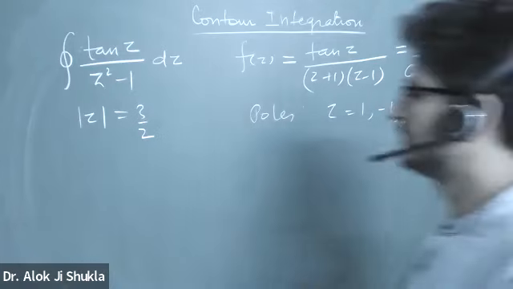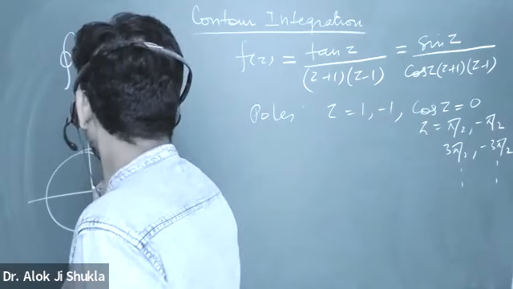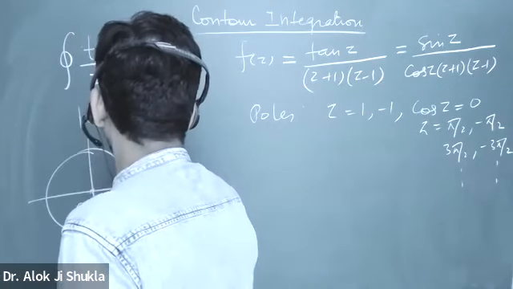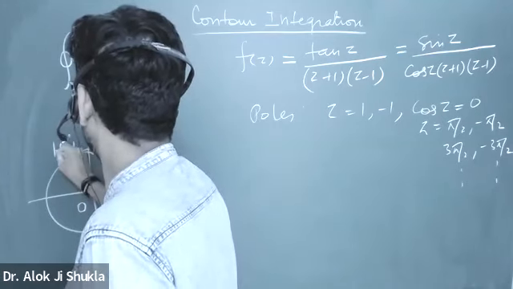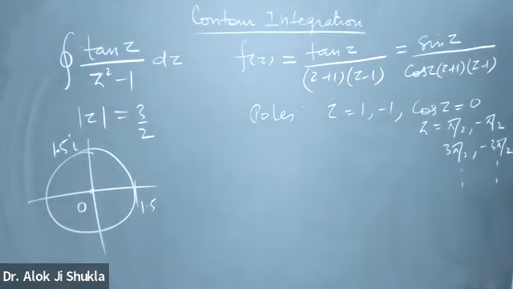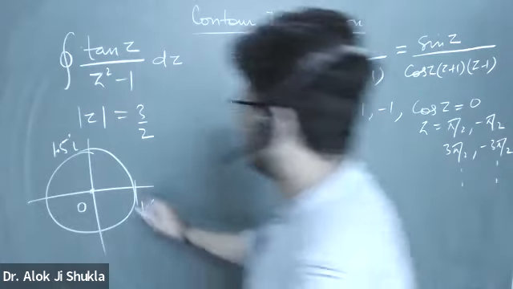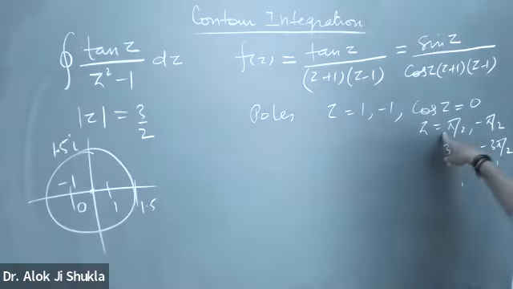And how is our circle here? It's a circle centered at 0. This is 1.5. This is 1.5 iota, like this. This is the circle on the Argand plane. Now 1 is here, obviously minus 1 is here, but the next point is pi by 2.